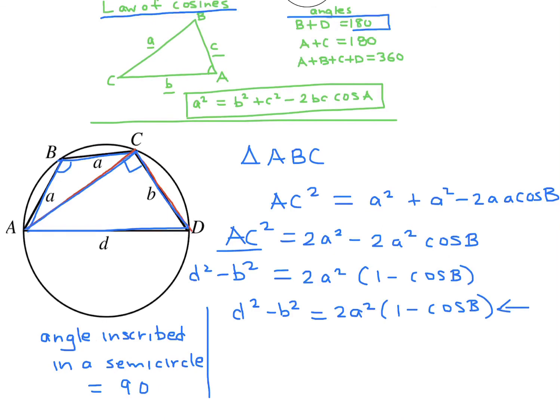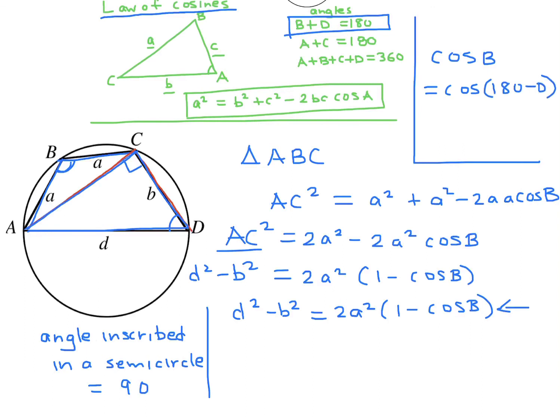B plus D is equal to 180 degrees. That's a property of a cyclic quadrilateral. So this angle B plus this angle D is equal to 180. So therefore, the cos of B is the same as the cos of 180 minus D, right?